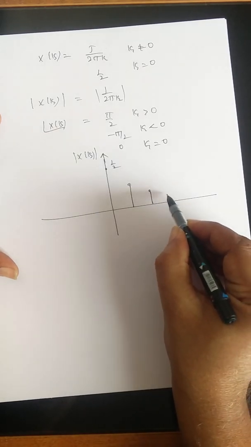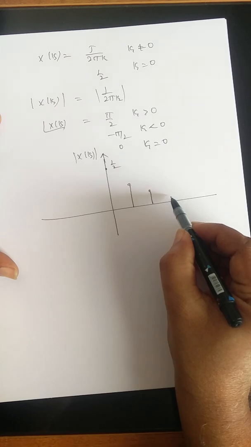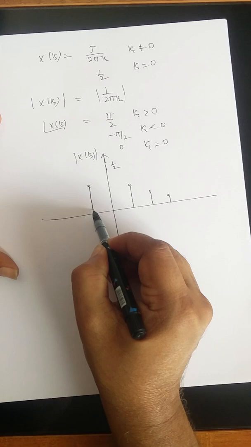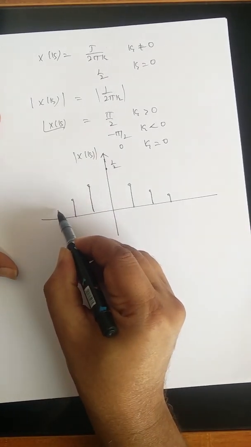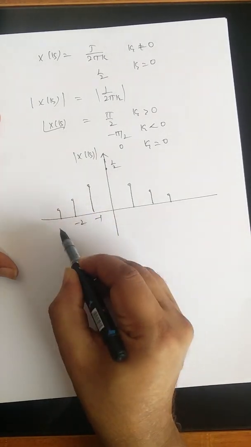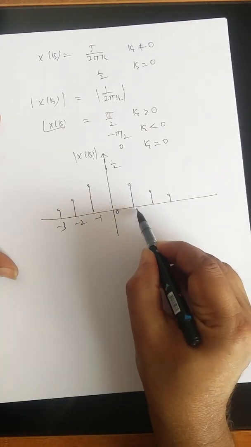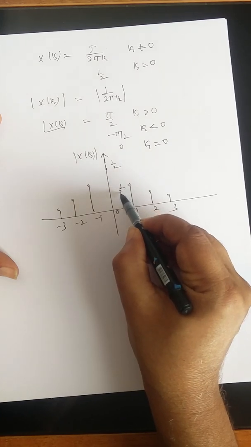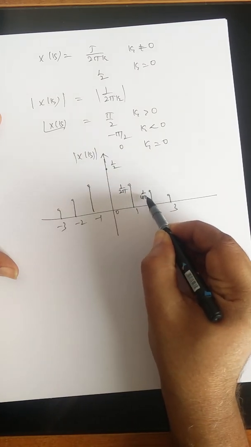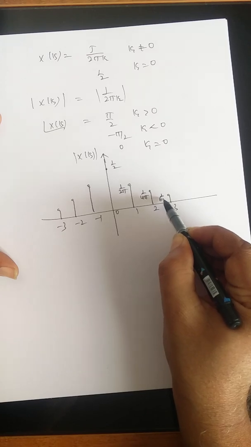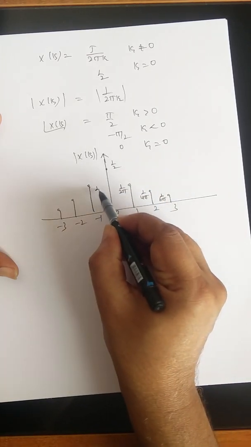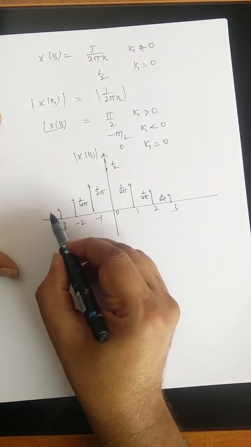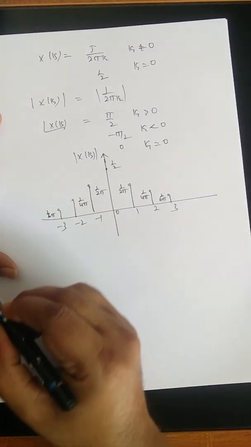K is equal to 3, it will be 1 divided by 6 pi. It goes like that. Similarly here also, k is minus 1, minus 2, minus 3. This is 1 by 2 pi, 1 by 4 pi, 1 by 6 pi. This is also 1 by 2 pi, 1 by 4 pi, and 1 by 6 pi.